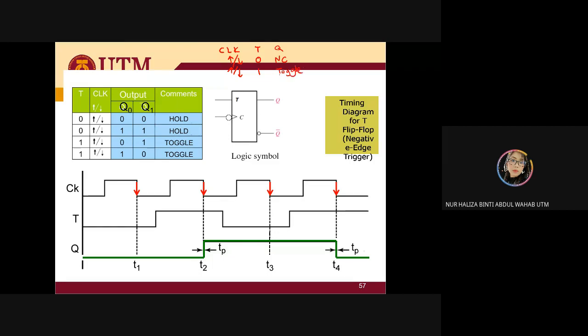Over here, you can see in this example, you have a negative clock. That's why you are pointing down here. And you are given the value of the input T there. For each of these, I ask you to draw the dotted line, and at the specific line, you need to put the value of T. Here T is 0, here T is 1, here T is 0, here T is 1.